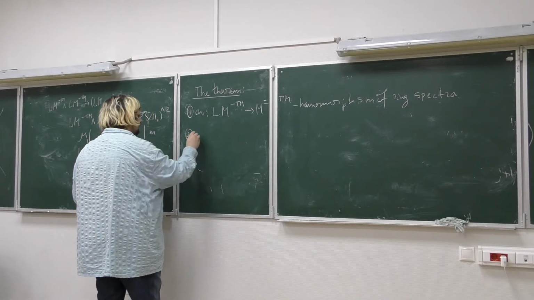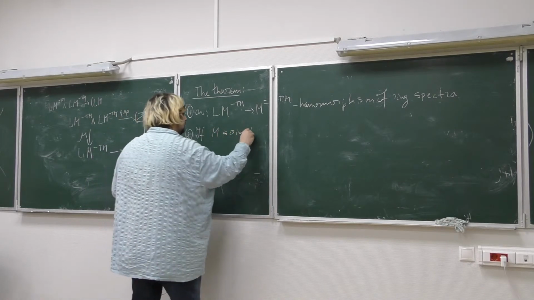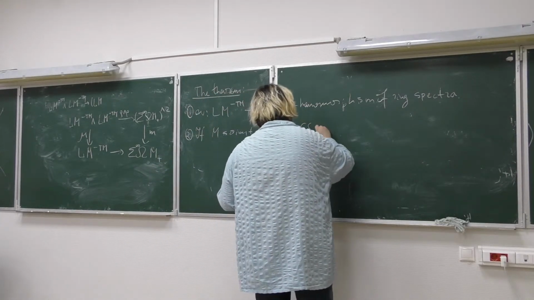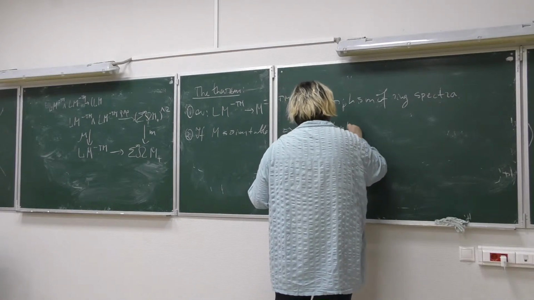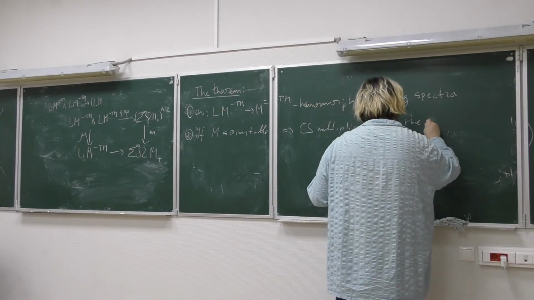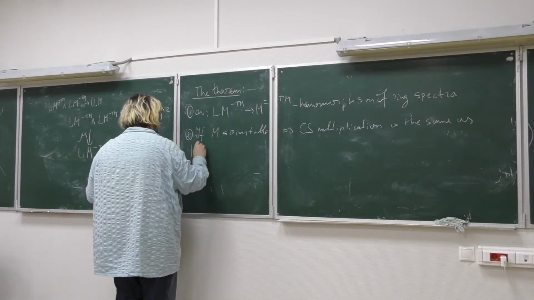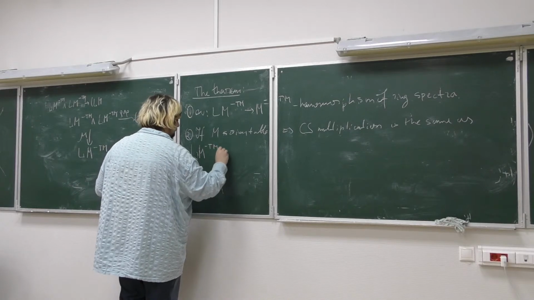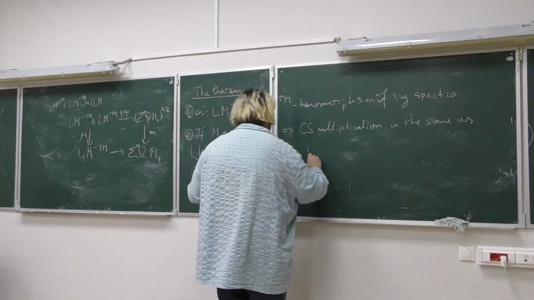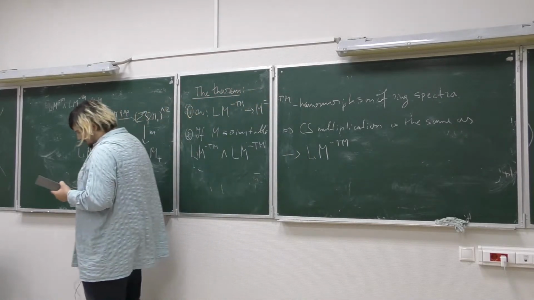Second, if M is orientable, then Chas-Sullivan multiplication is the same as Lm to the power minus Tm, which Lm to the power of minus Tm, to Lm to the power minus Tm.